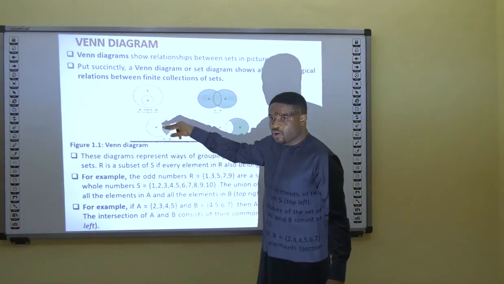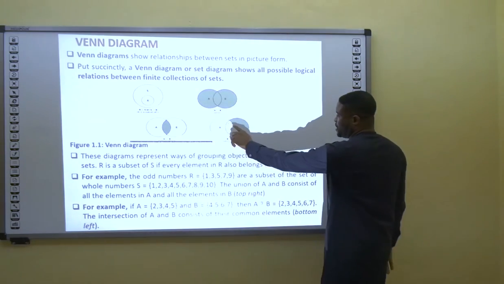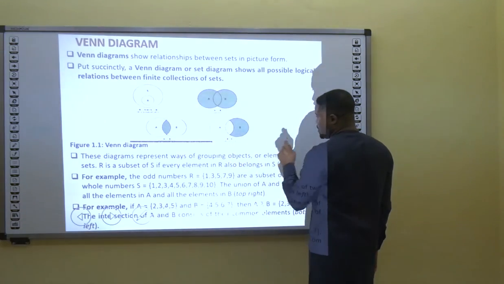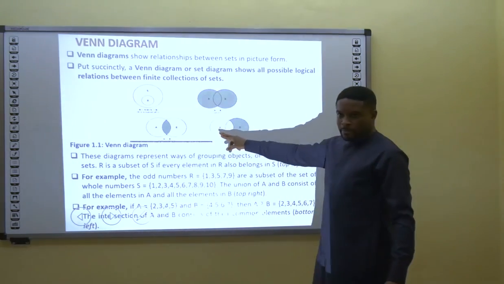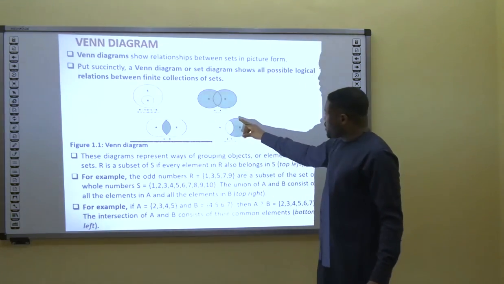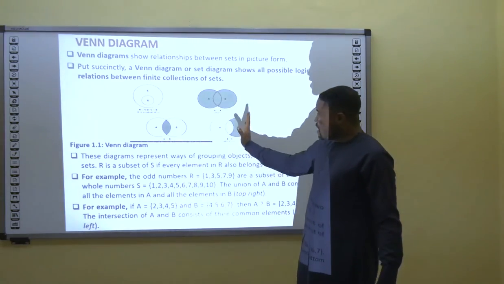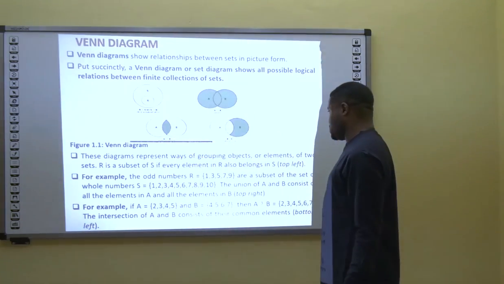While the union looks at a combination of both sets. And then you see this one that has B minus A, it's just a subtraction of A from B. That's why we have just the B area shaded, and the A area not shaded.